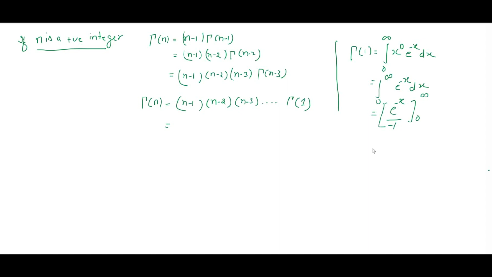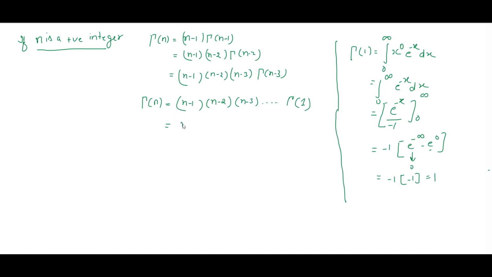Now put the limit of integration, minus 1 outside, e raised to power minus infinity minus e raised to power 0. e raised to power minus infinity goes to 0. So therefore this will be minus 1 into minus 1, and e raised to power 0 is 1. So this will be 1. So gamma 1 is 1. This is an important observation regarding gamma function, that is gamma 1 is 1.